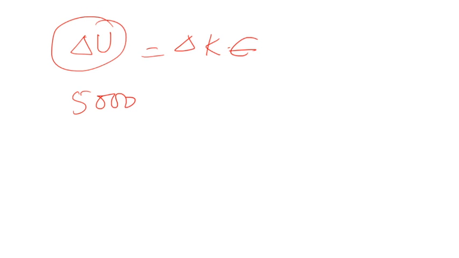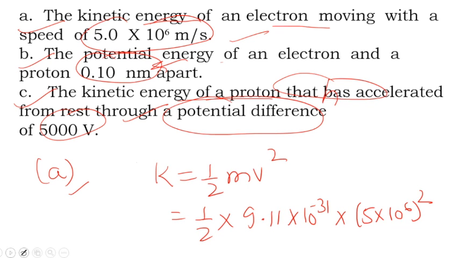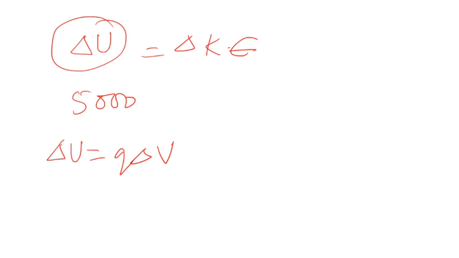So the change in potential energy will be equal to change in kinetic energy. Delta U is equal to Q into delta V. Protons, so Q is nothing but E. So this is E delta V. Okay, so it's equal to delta KE.